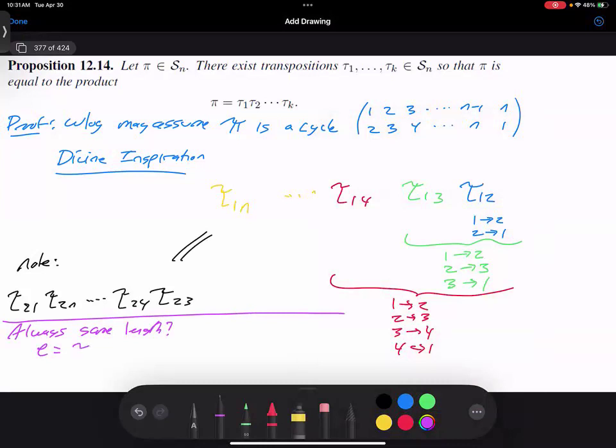So I can write E as tau12, tau12. I could also write E as tau12, tau34, tau12, tau34. So as soon as I do something like this, you see that I can actually play some games. And so this is enough to prove that they're not always going to have the same length.